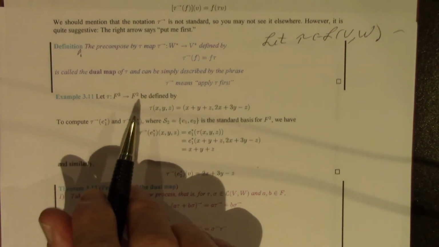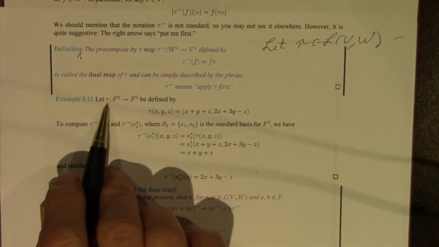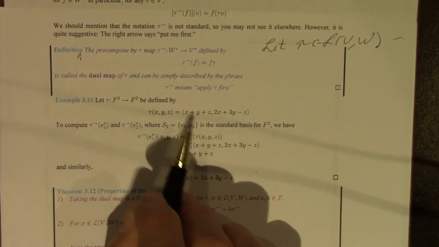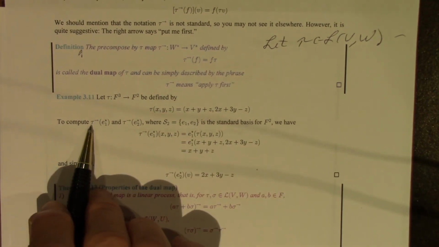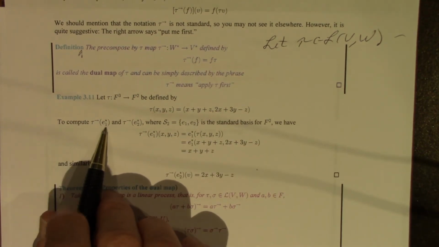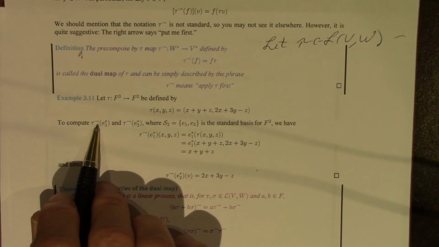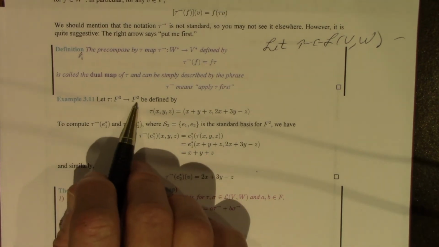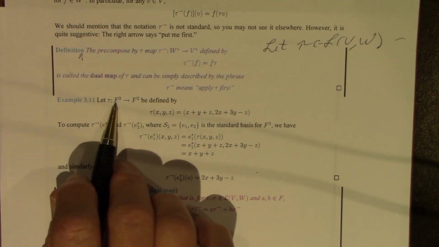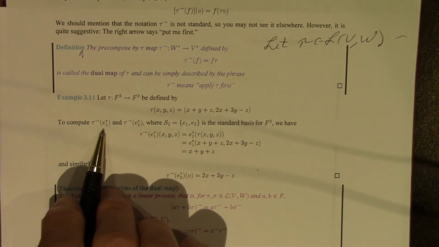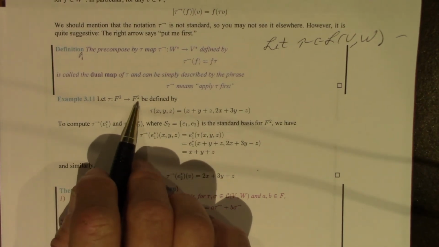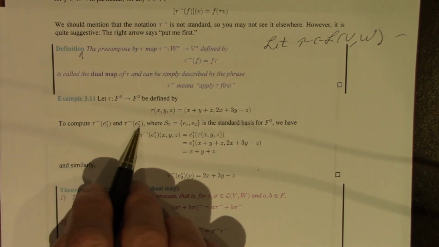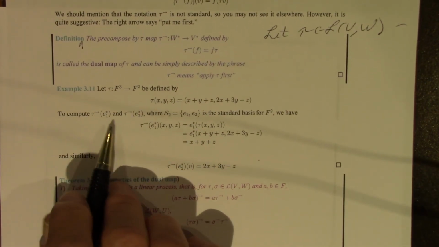So here is an example. Tau maps F3 to F2, defined this way. Tau arrow of E1 star. Remember, tau arrow now maps F2 star to F3 star. So F2 has dual basis, E1 star and E2 star.